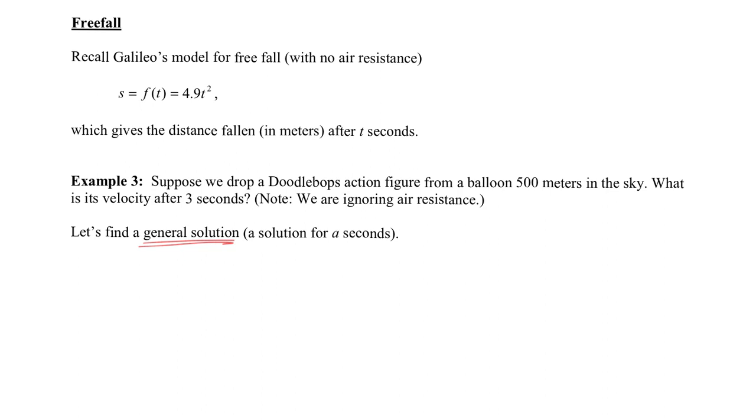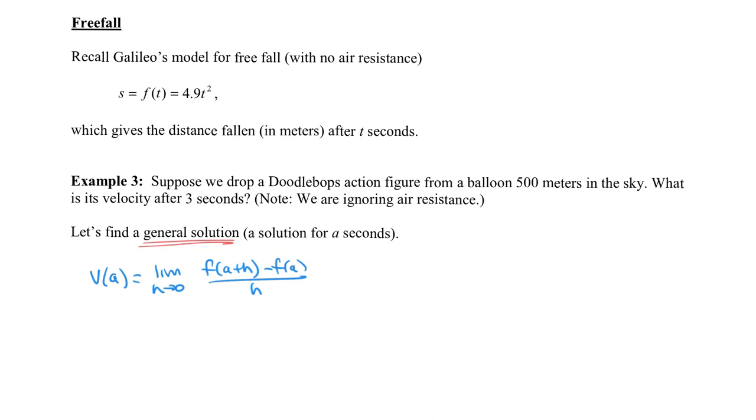Okay, so to do this, we can look at our brand new formula we've got for instantaneous velocity at any time a. We know that it is the limit as h approaches 0 of f of a plus h minus f of a all over h. And our function is this, 4.9t squared.